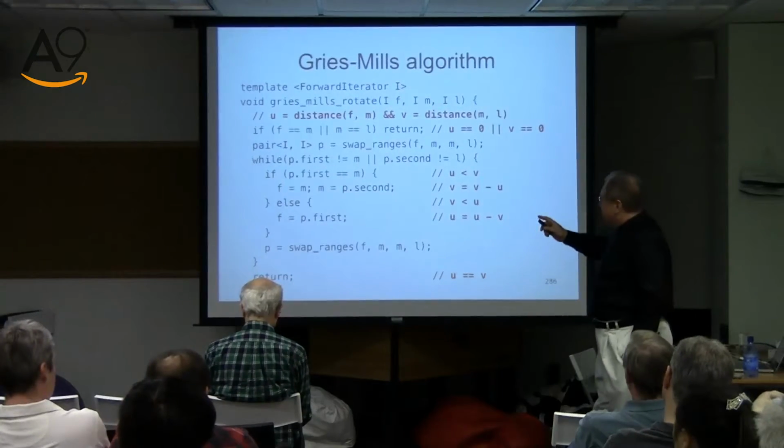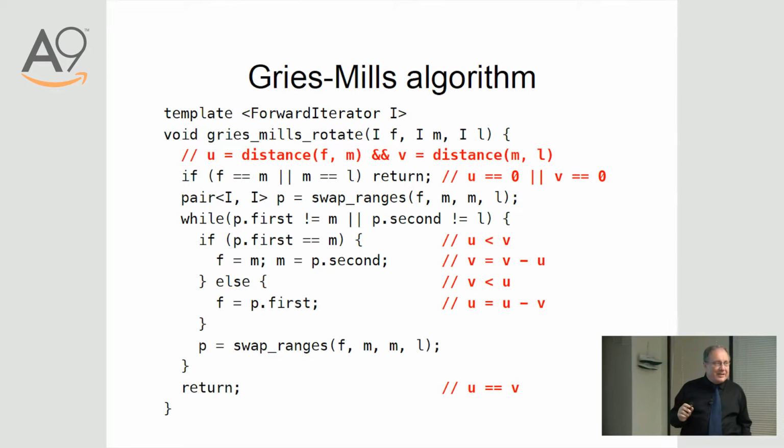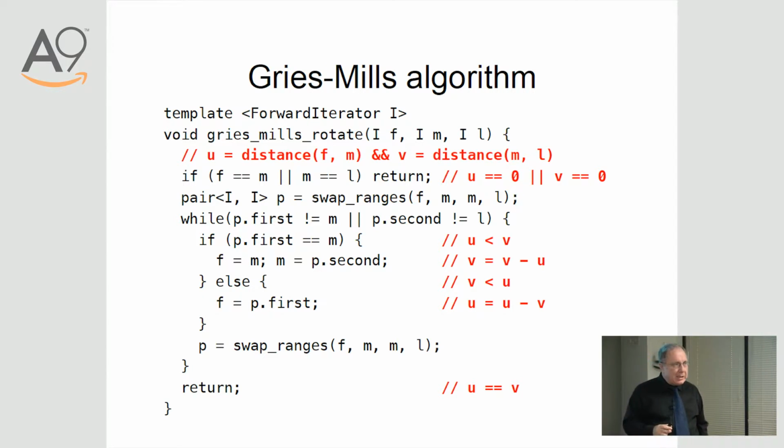So let us look here, okay? And just to make it a little bit confusing, well, no, not for that reason, I introduce some annotation variables. The red stuff you don't need to do the algorithm, but you need to have them to understand the algorithm.